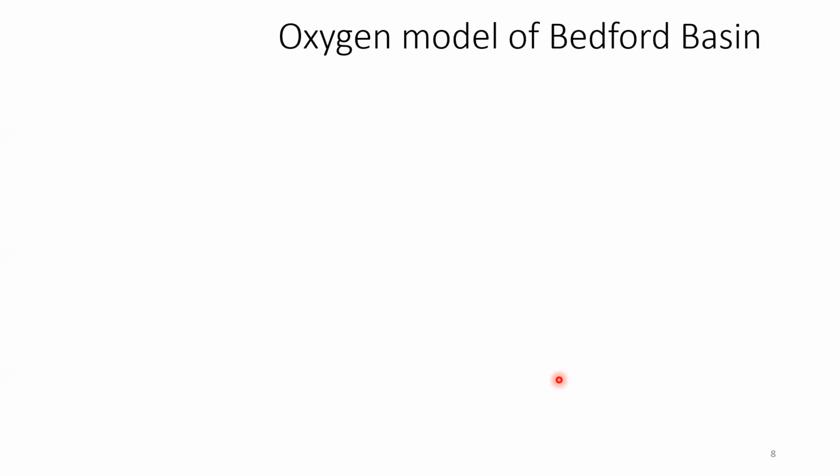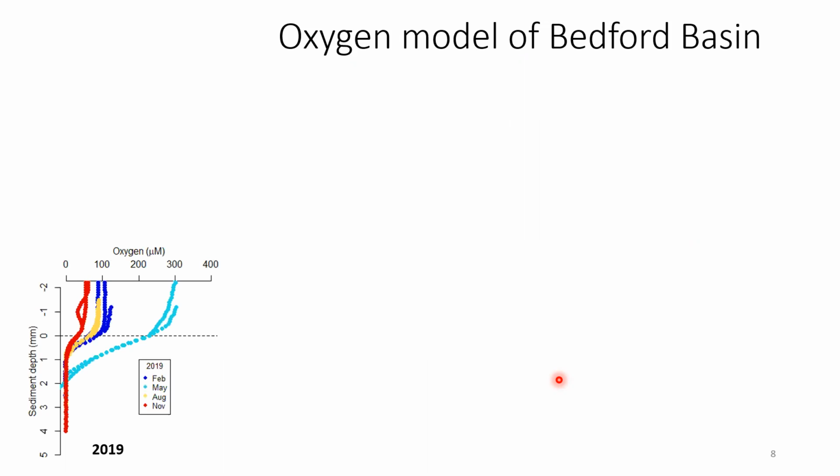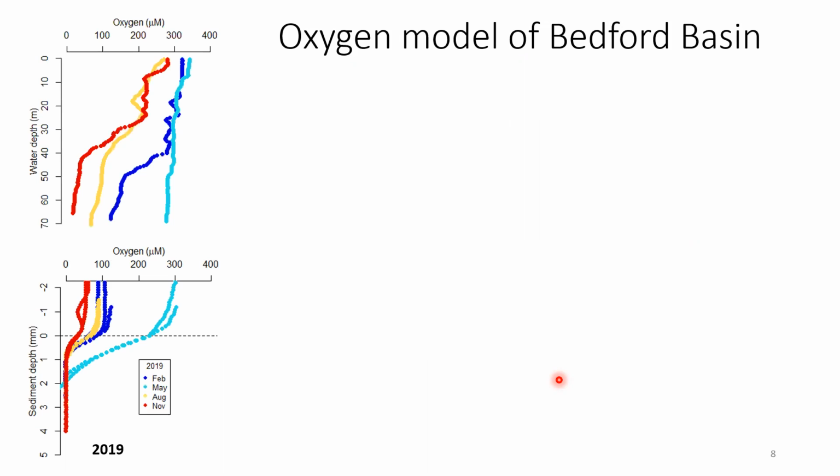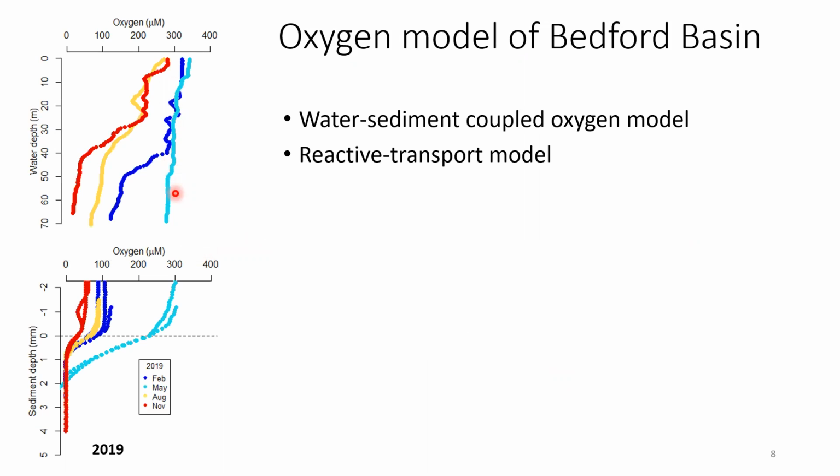Our goal is to develop an oxygen model for Bedford Basin. These are the microsensor profiles that we collected from different months: February, May, August, and November, and these are the corresponding field days' water column oxygen concentrations, just for reference.